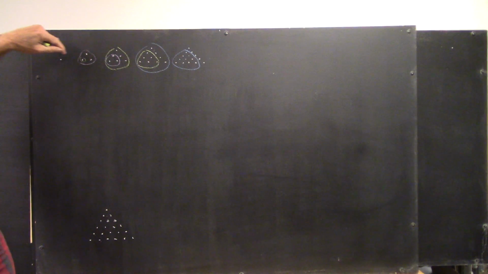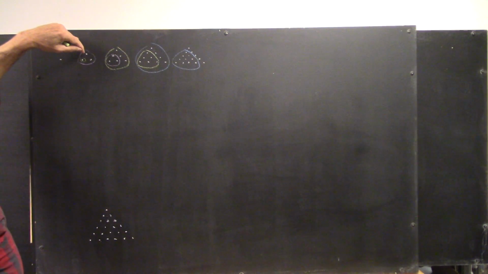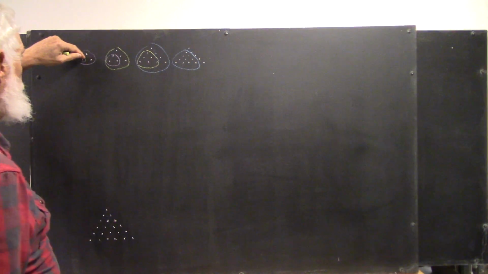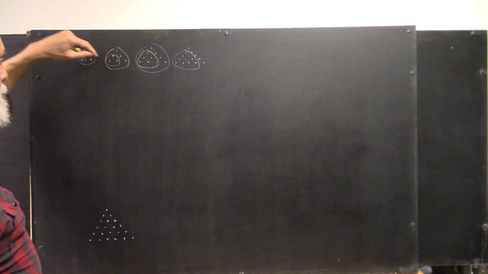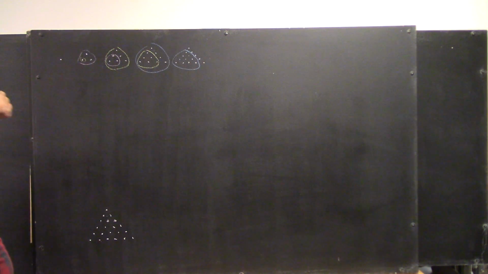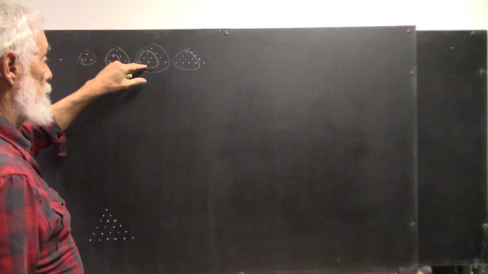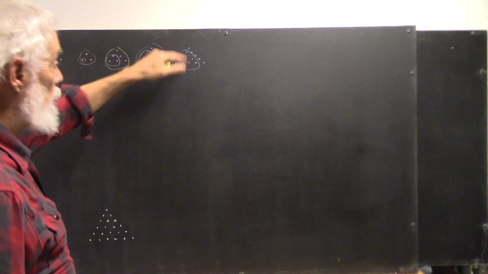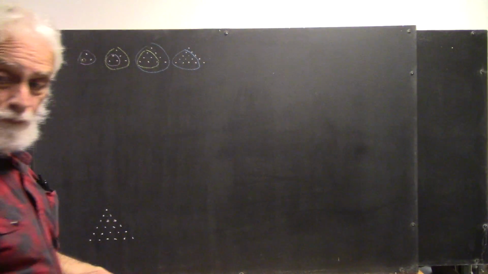Now, when we went from here to here, we took the previous figure and we added 2 dots. Okay, when we went from here to here, we took the previous figure, but we had to add 3 dots. And then when we took this one here, we had to add 4 dots to get the new triangle, and then we had to add 5 dots.